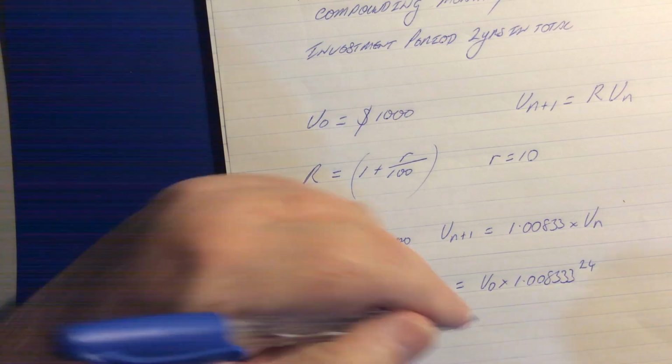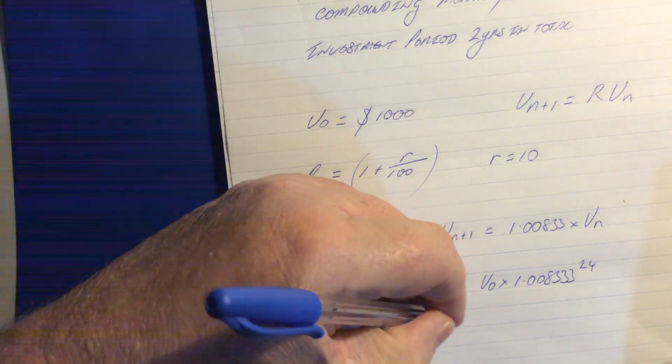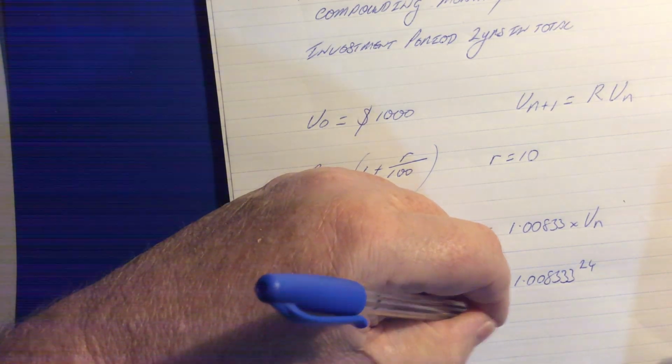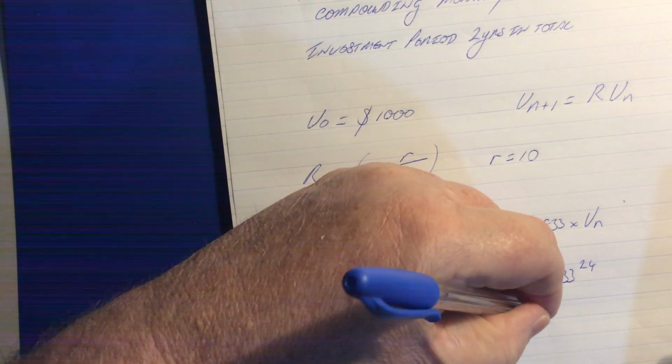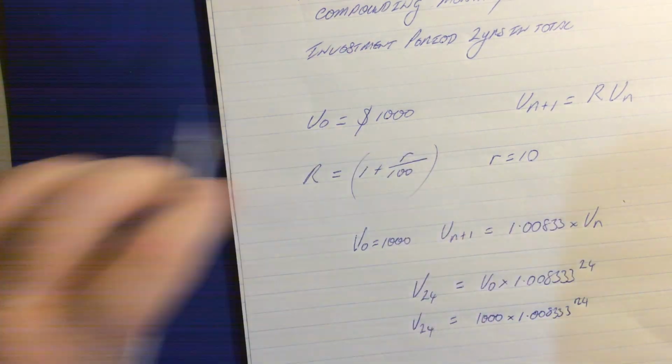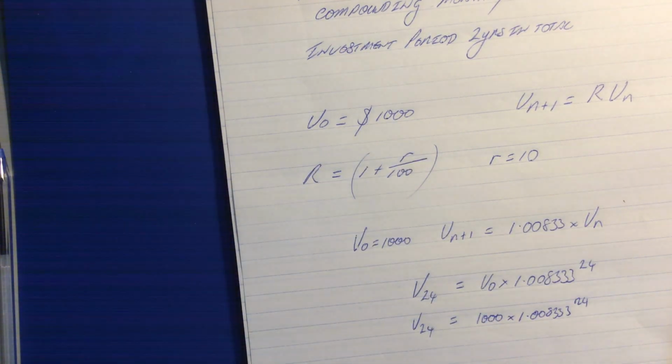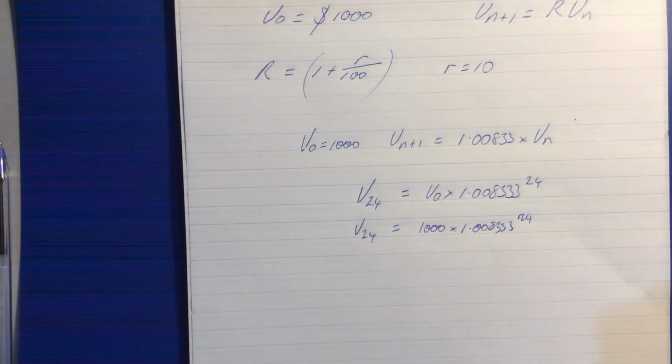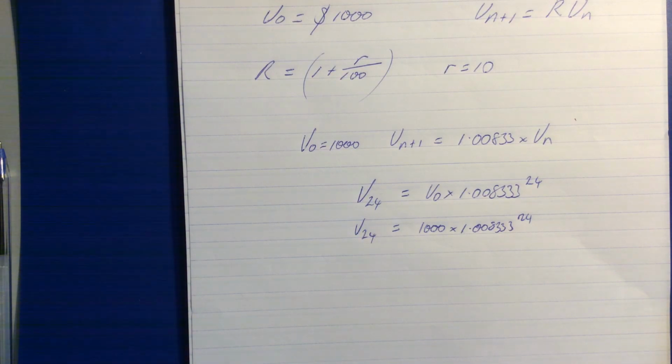So V24 is going to equal $1,000 times 1.00833 to the power of 24, and I'll just insert that into my very standard $30 scientific calculator. 1,000 times 1.00833 to the power of 24.